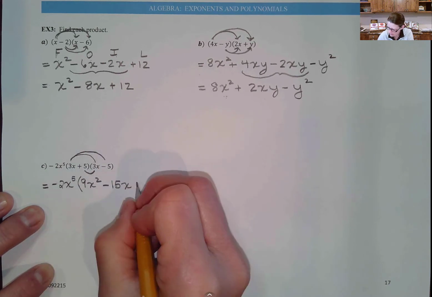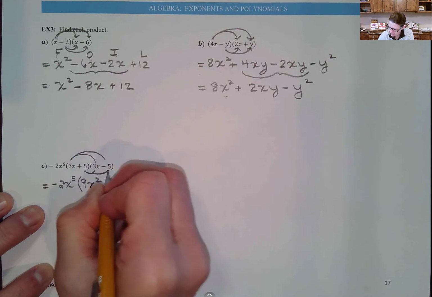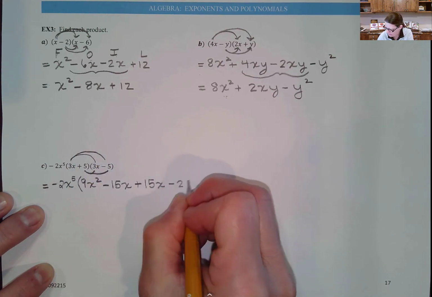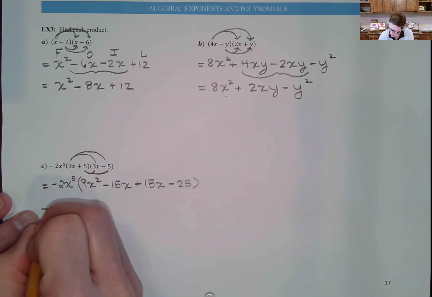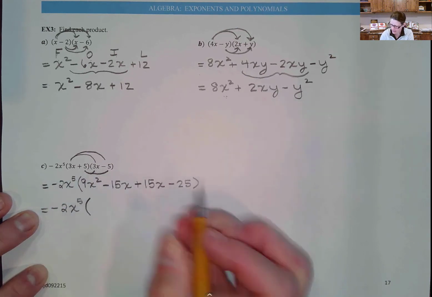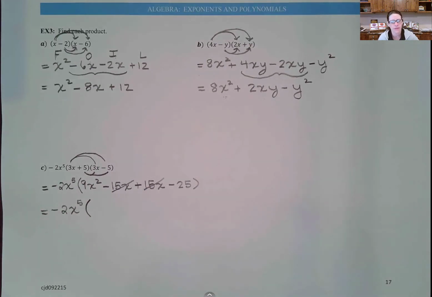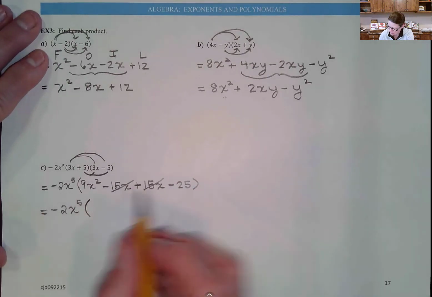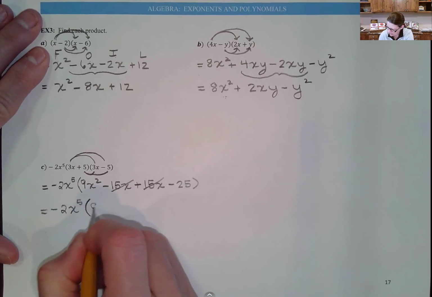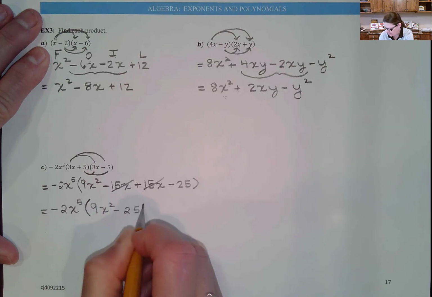Inner product, ooh, that's a plus 15x. And lastly, a minus 25. So we notice here that our inner and outer products are opposites and they cancel each other out. Negative 15x plus 15x is 0x, or 0, isn't it? So that leaves 9x squared minus 25 in parentheses. But don't stop there.